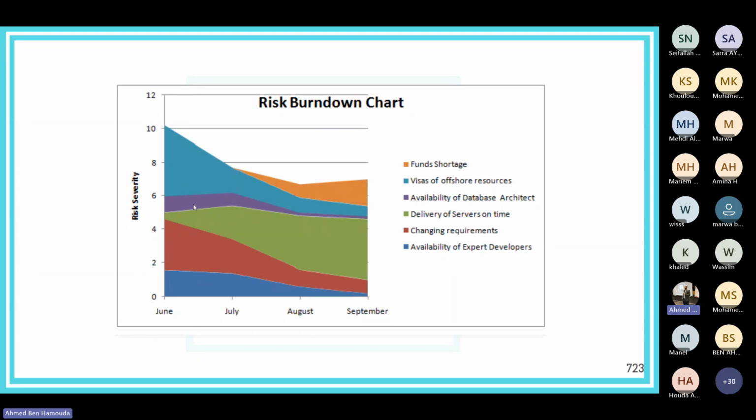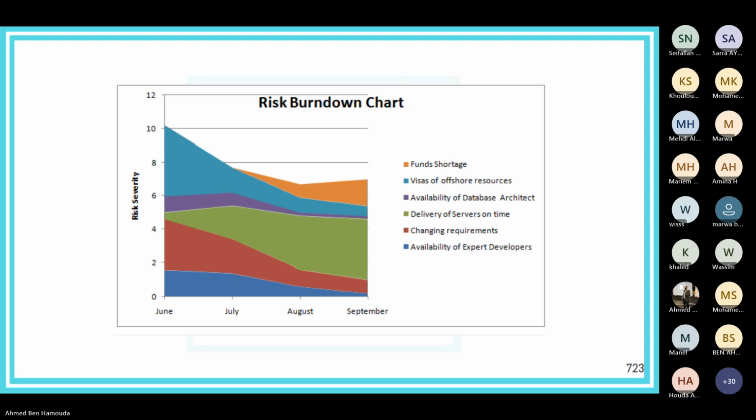The same with the availability of a database architect. So we managed to find a database architect. But the small risk of not being able to deliver servers on time is increasing from 1 month to another. So we're moving towards certainty of not being able to deliver on time.